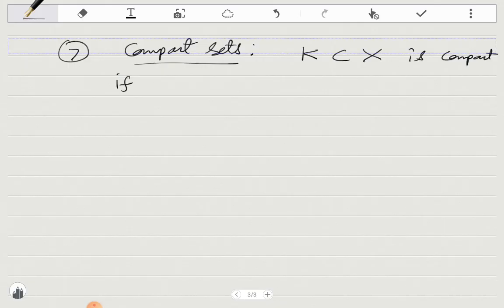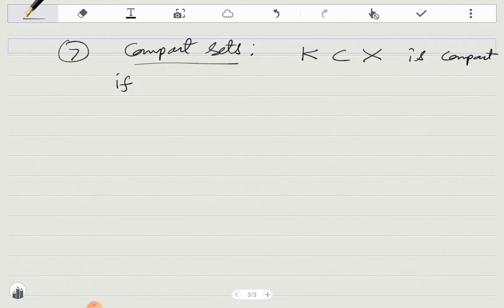Now I'm going to give a definition. This definition works only in metric spaces as opposed to general topological spaces, but in any case we'll be just dealing with Euclidean space, so this will do for us.